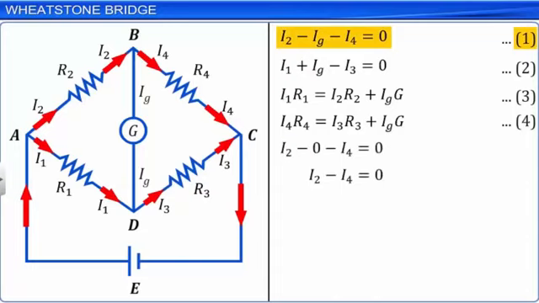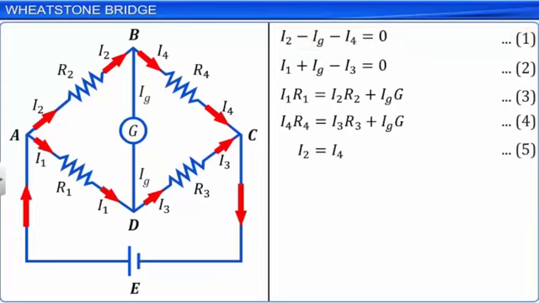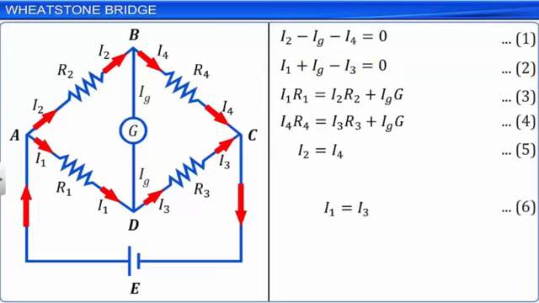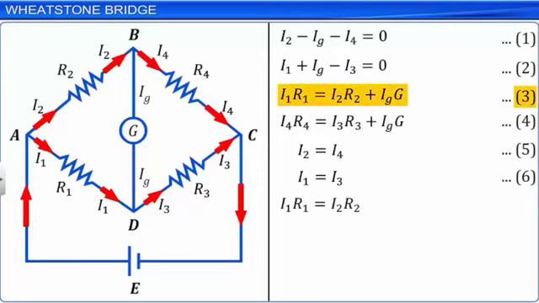Substituting Ig equal to 0 in equation 2 and simplifying, we get equation 6. Substituting Ig equal to 0 in equation 3 and simplifying, we get equation 7. Substituting Ig equal to 0 in equation 4 and simplifying, we get equation 8.